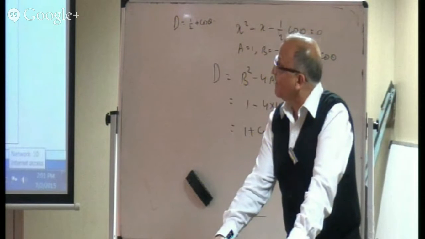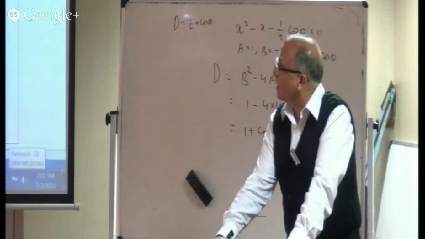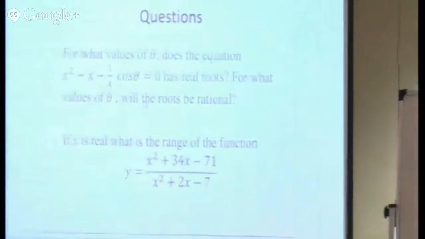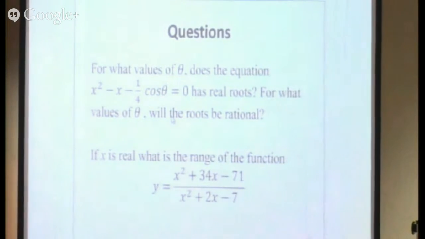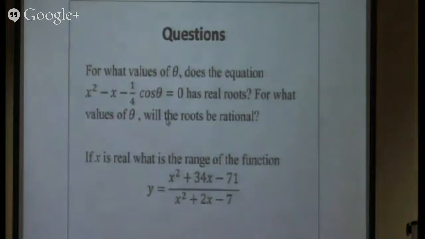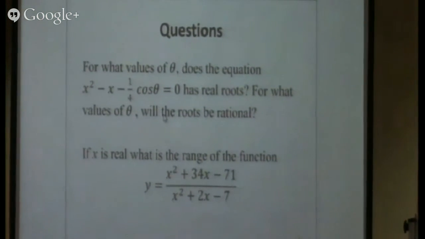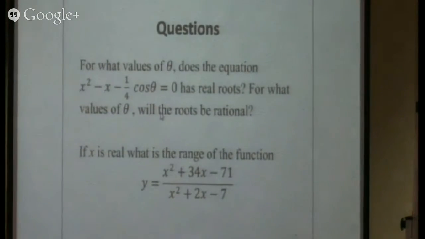But if they ask for what values of theta the roots will be rational, I've just written this problem and I want you to think over this. But let me give some clues.